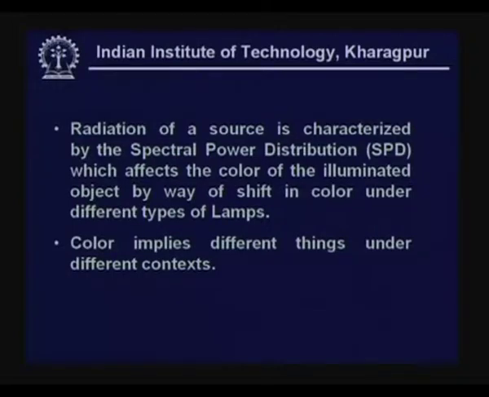The basic elements, as already brought out, are the radiation from the source, which is often specified in terms of the power distribution, then the object color, and thirdly the detector or the human eye, remembering that the human eye responds in the visible zone between 400 to 700 nanometers.